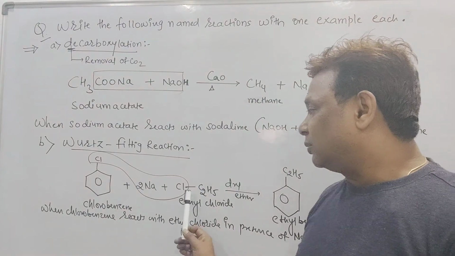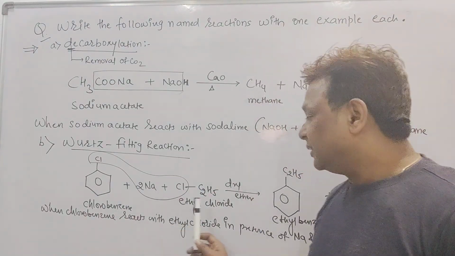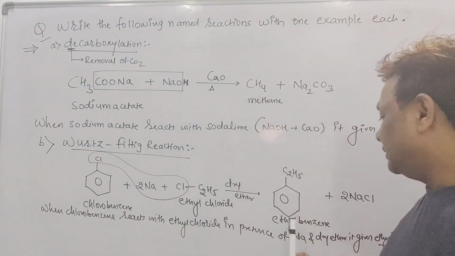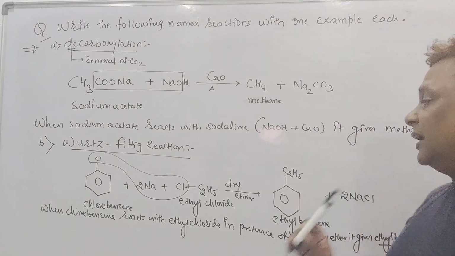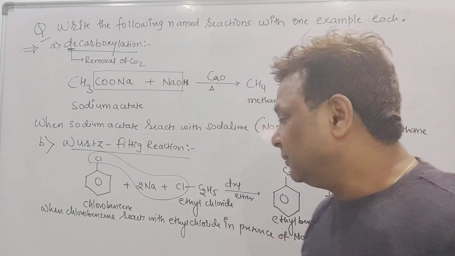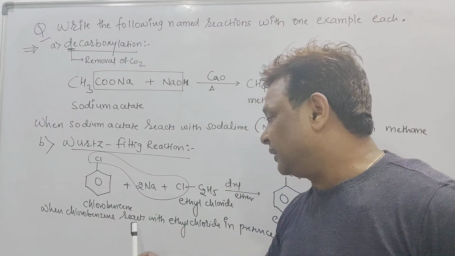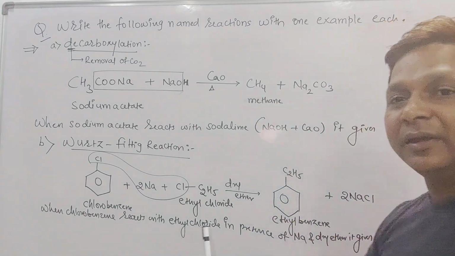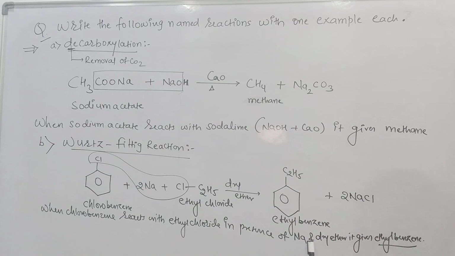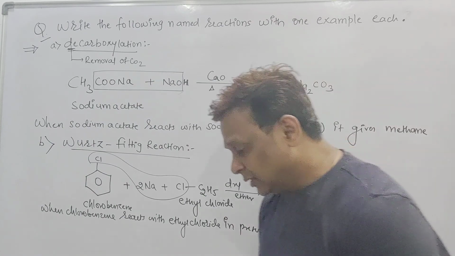Chlorobenzene, ethyl chloride plus sodium in presence of dry ether gives rise to ethyl benzene and NaCl. The statement: when chlorobenzene reacts with ethyl chloride in presence of sodium and dry ether, it gives ethyl benzene. Right, beta? Two are over.